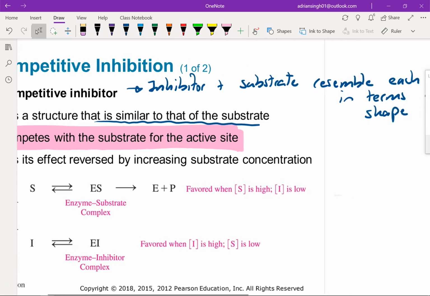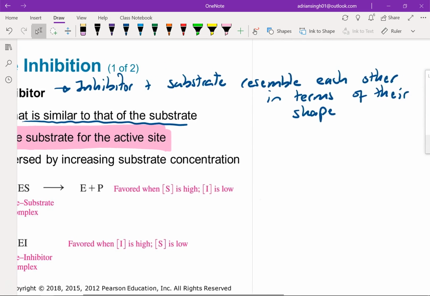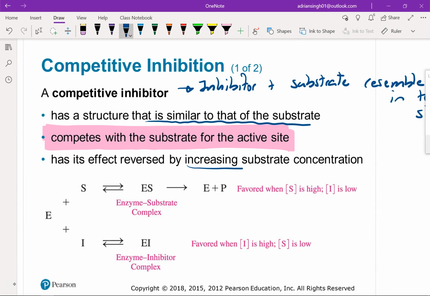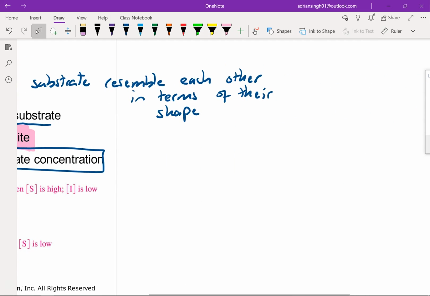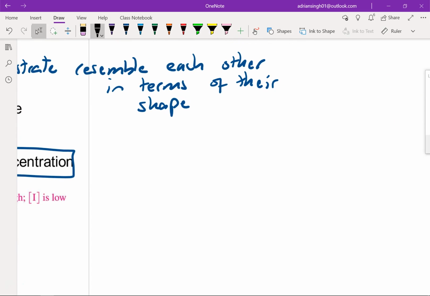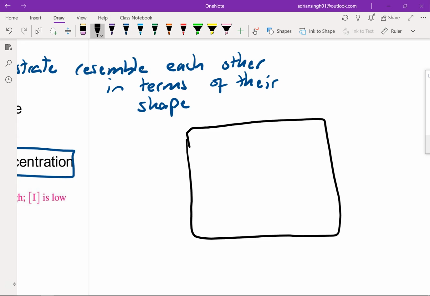The way that we can reverse this effect is by simply having more of the substrate there. So we just simply drown out the inhibitor, right? Let's say now, for instance, we'll just draw a really simple diagram here. If this is my system, I have a box, there's my enzyme. Okay, and there's the active site. It's pretty simple. It's like a circle.